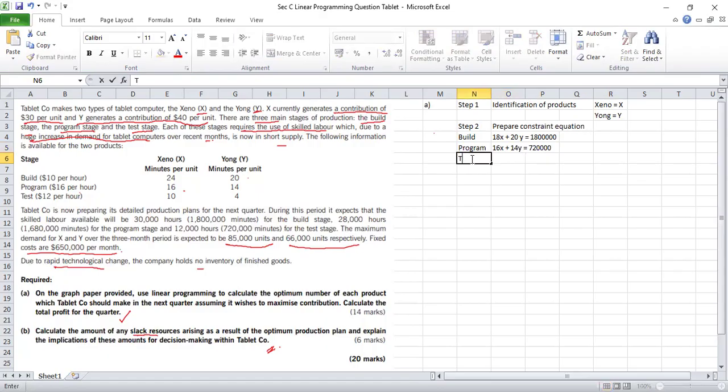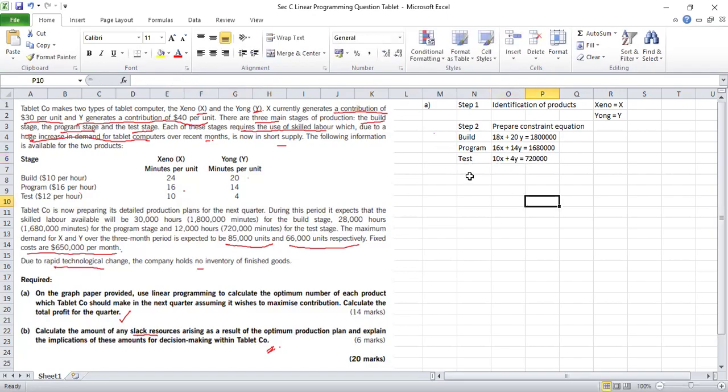Third one is test, 10x plus 4y is equal to... second stage has 1,680,000 minutes. Third has 720,000. Now we have constraint equations.